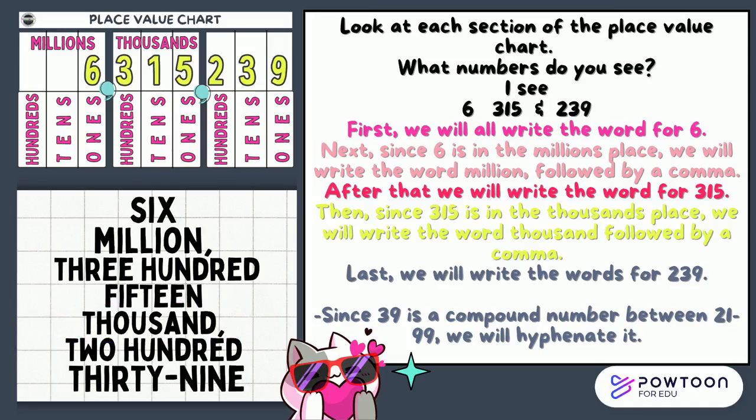Last, we will write the words for 239. Since 39 is a compound number between 21 and 99, we will hyphenate it. Look over to the left to check your work.